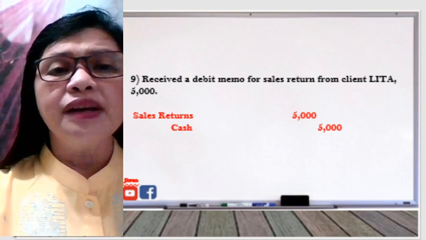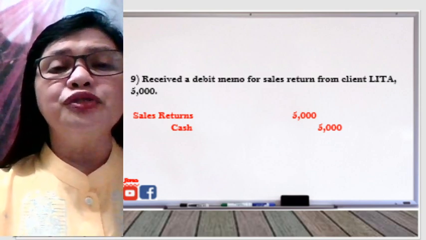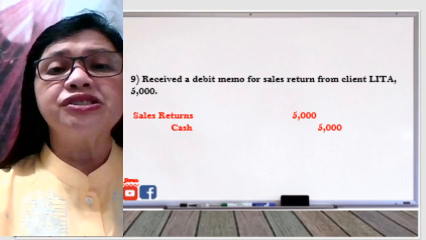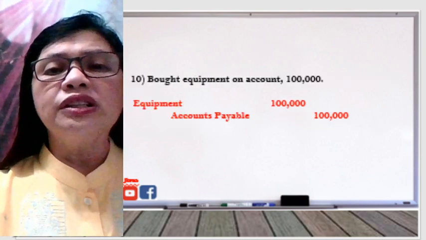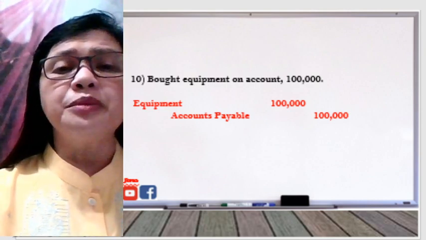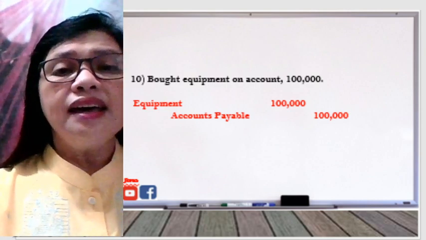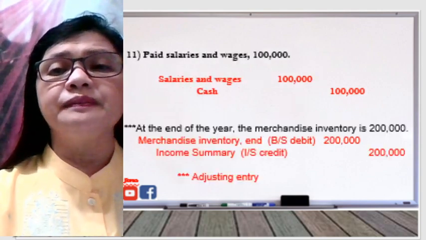So you have to debit your sales returns by 5,000 and you have to pay back Lita cash of 5,000. Then bought equipment on account. Equipment, you added your asset account in the form of equipment, 100,000, and you incurred liability of 100,000.